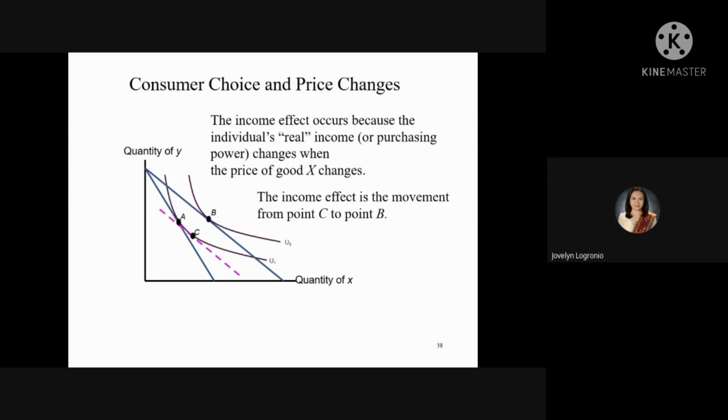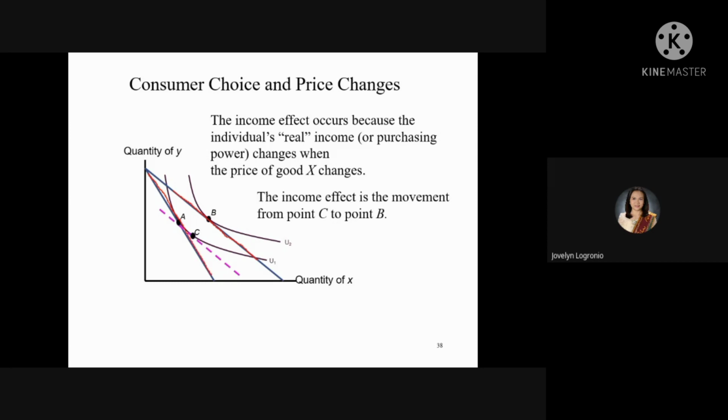And again, that is because the real income or the purchasing power of the consumer changes. So the budget line at point B, ito siya, di ba? This is the budget line as the price of good X falls. So nag-rotate siya from the initial budget line na ito.